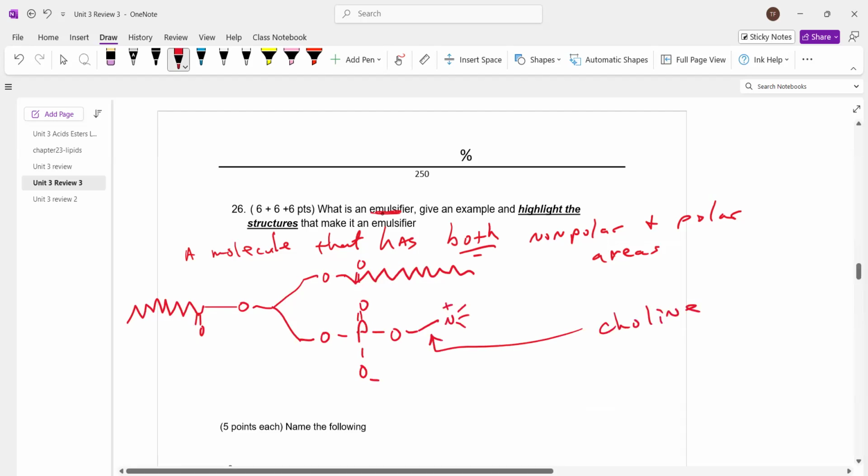And that is that. I like the structures that make an emulsifier. That's the polar part. These areas are the non-polar parts.